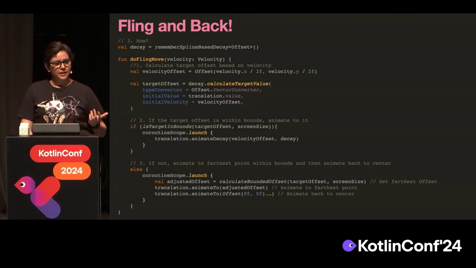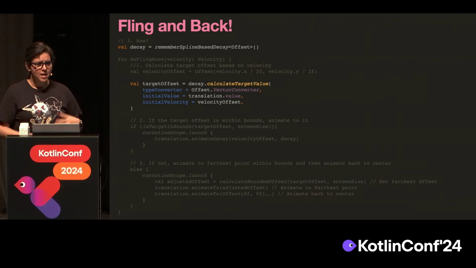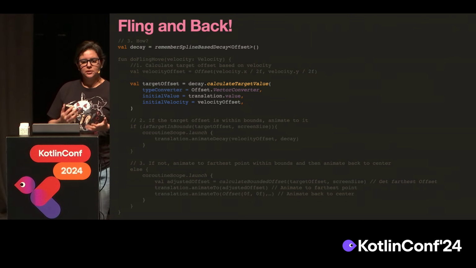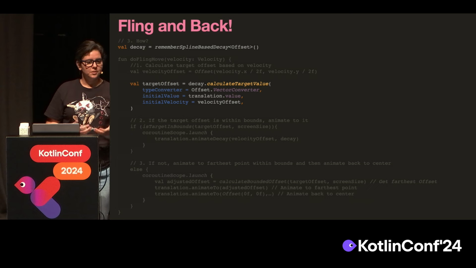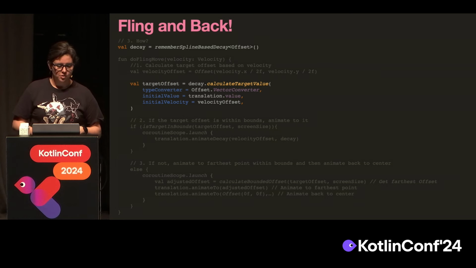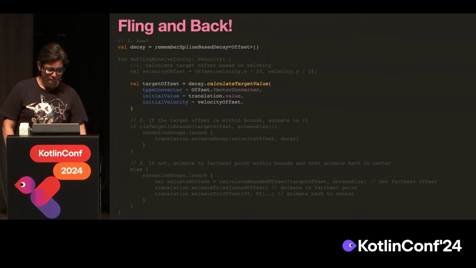The key thing on fling moves, or any gesture that requires calculation of future positions, is decay. Decay is going to help us calculate the future position or value of different properties according to velocity. So it's going to tell you how your animation is going to be decaying across time.